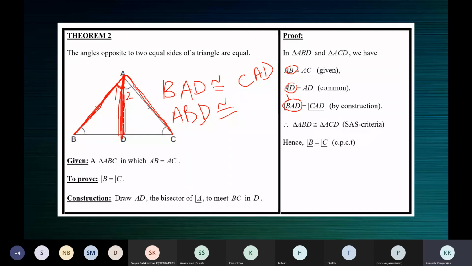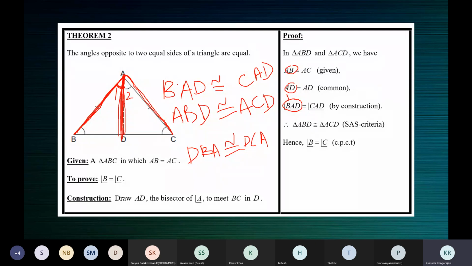You must write this as ACD. If I write it as DBA, then I must write DCA. DCA.